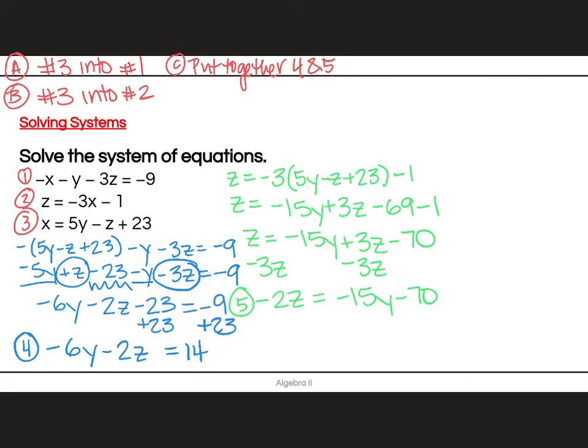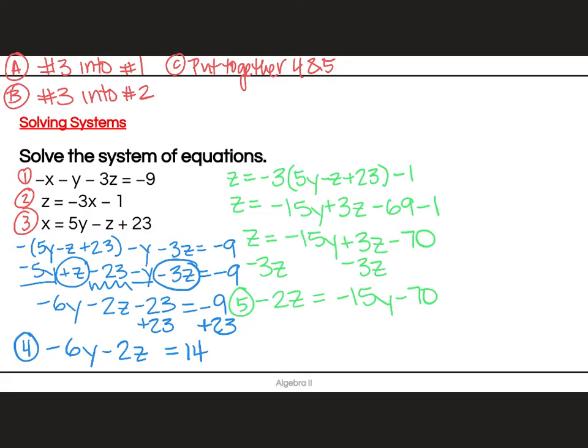So number 4 has y and z, number 5 has y and z. So I'm checking that they have the same variable and that they look the same. If you look at number 4, it has y and z on the left of the equal sign, the number on the right. If you look at number 5, it has z on the left and y and the number on the right. So I need to change that up so that they line up.